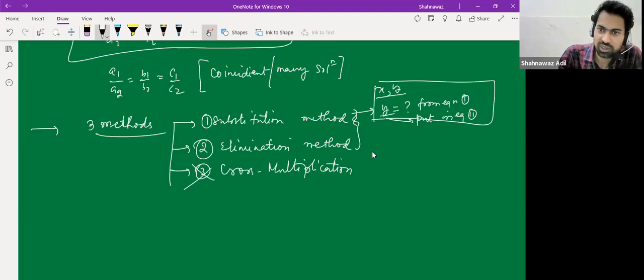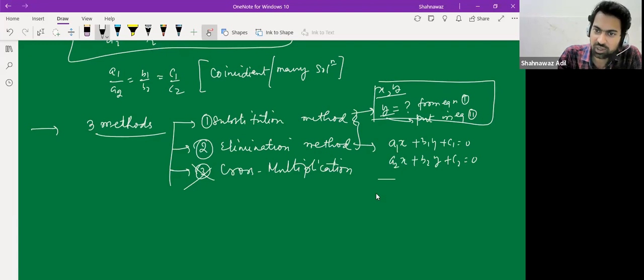And what was the elimination method? Let's say we had a1x plus b1y plus c1 equals 0, and a2x plus b2y plus c2 equals 0. In the elimination method, we make one of the coefficients equal, right?